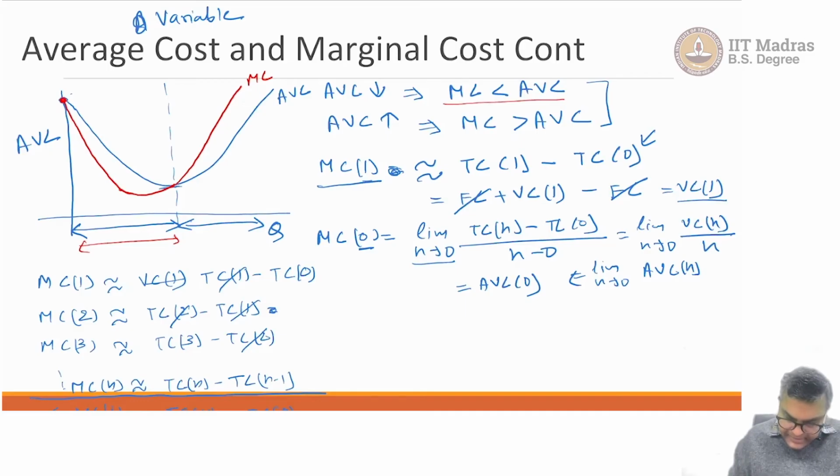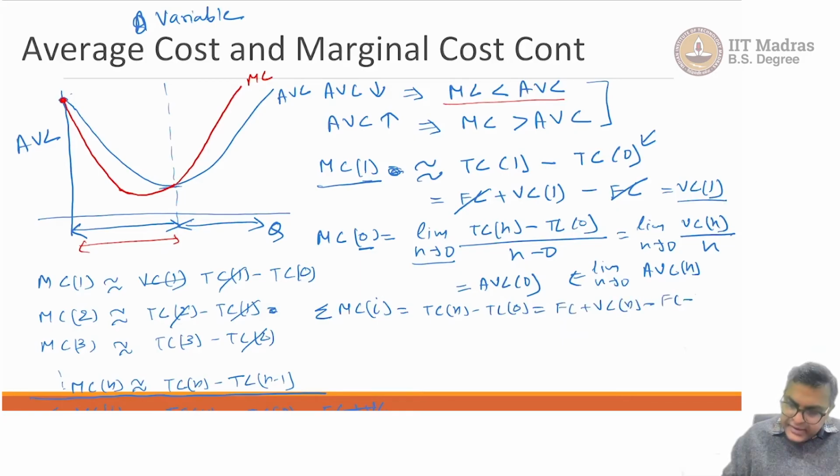So, the summation of MC i is equal to TCn minus TC0, and this is FC plus VCn minus FC minus VC0, and VC0 is nothing, so it is equal to 0. FC will get cancelled.